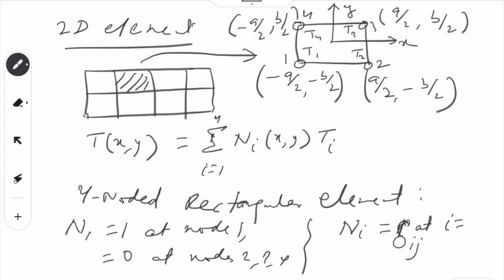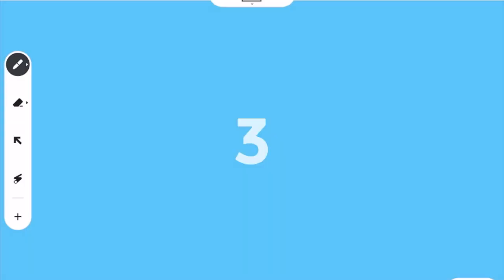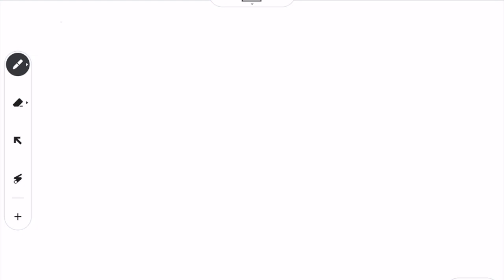So, what we mean is basically there are 4 shape functions, n, and then this one is like this.